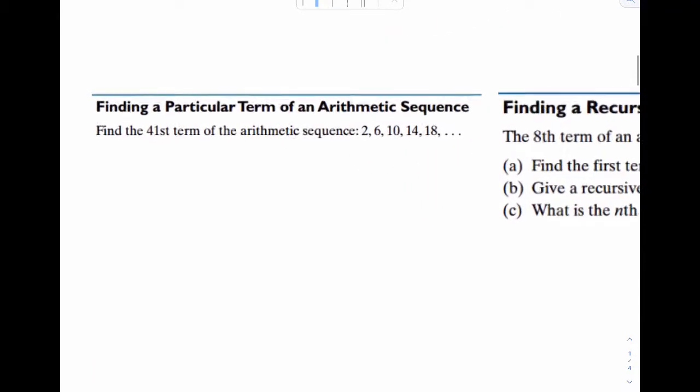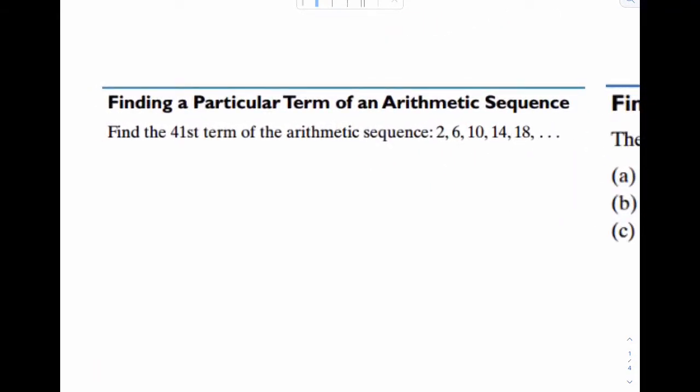It says find the 41st term of the arithmetic sequence 2, 6, 10, 14, 18. So if you think about it, the first term is 2, the second term is 6, the third term is 10, the fourth term is 14, and the fifth term is 18. The question is, what would be the 41st term?